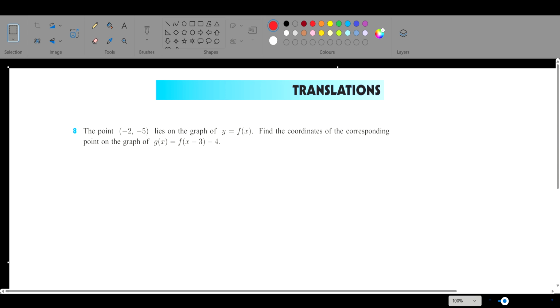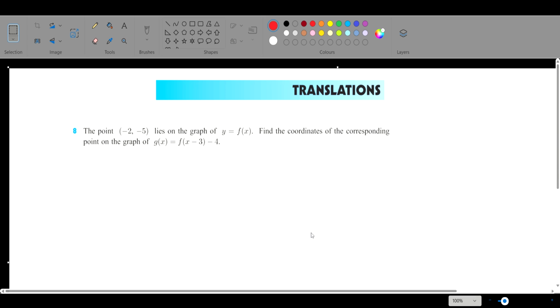Try this one. The point (-2, -5) lies on the graph y is equal to f of x.